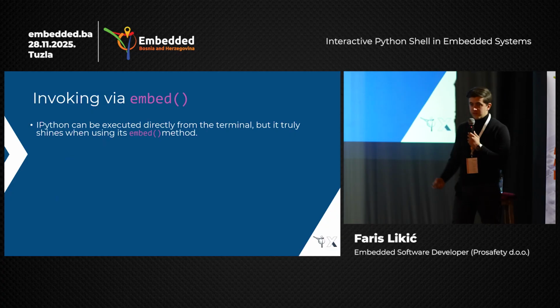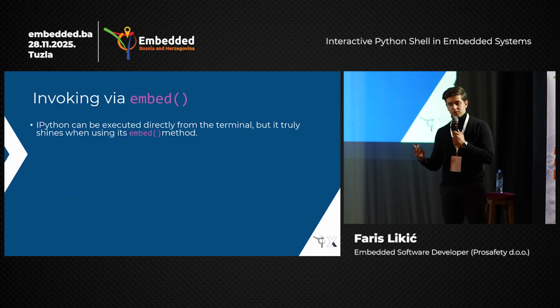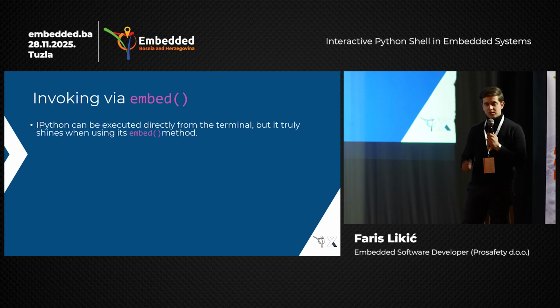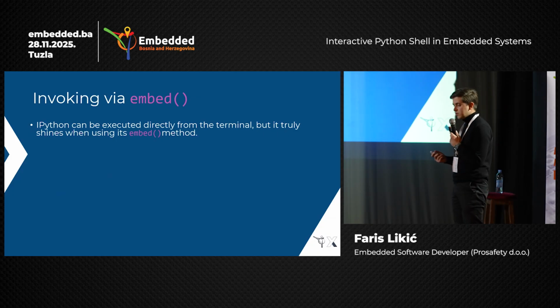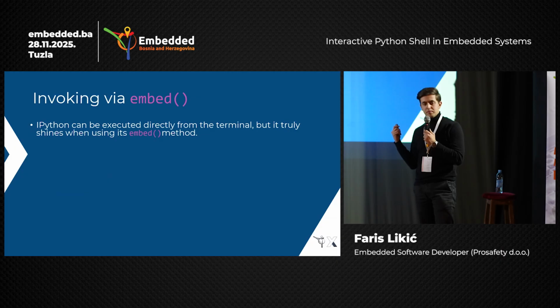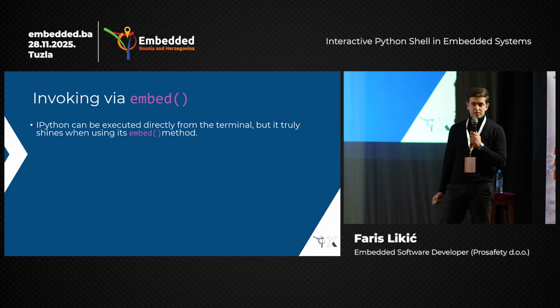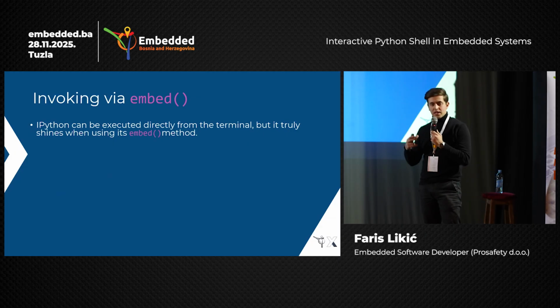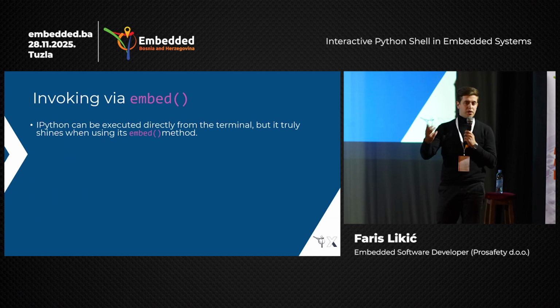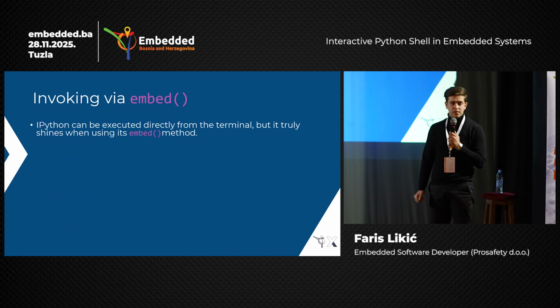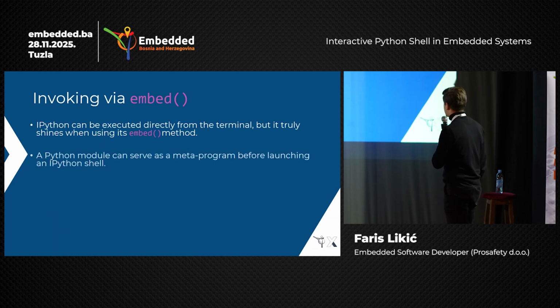So we've now seen how you can use the interactive Python, but this is not where it shines. Where it actually shines is it allows you to generate some kind of a context and then use its embed method. This embed method basically generates an interactive sandbox or a playground, giving you access to all of the objects that you have previously defined. We'll see how that works in a minute.